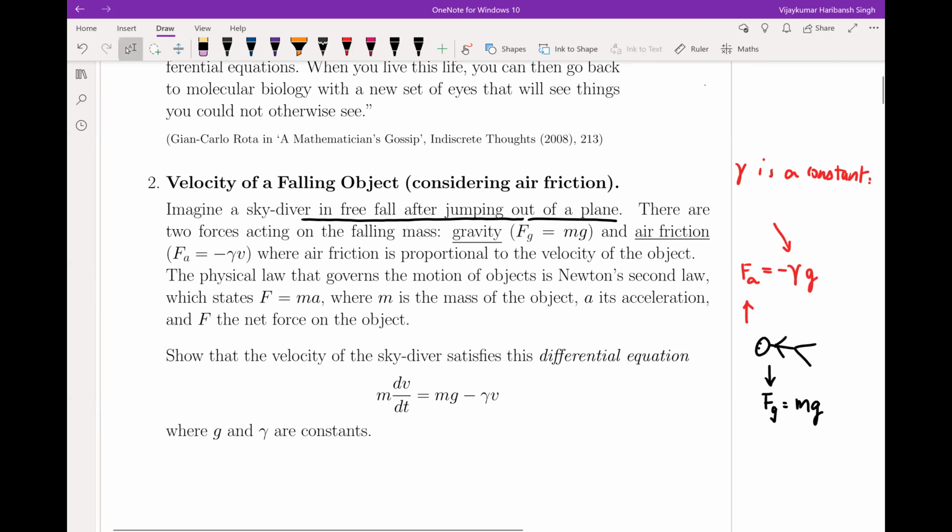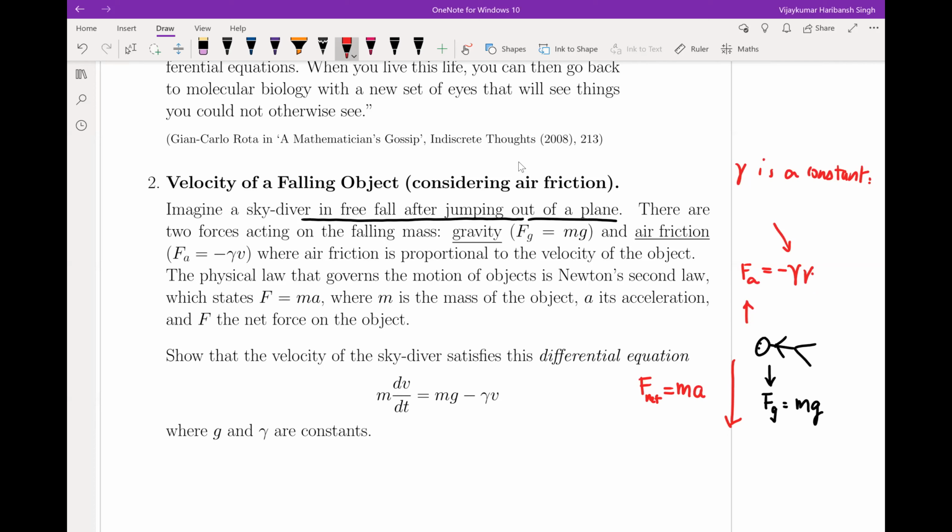So these are the two forces acting, and as a consequence of these two forces, we will get the motion in the downward direction. This will be the net force with which the skydiver will be coming down. So we get, sorry, it's gamma times v. Thank you, that's correct.